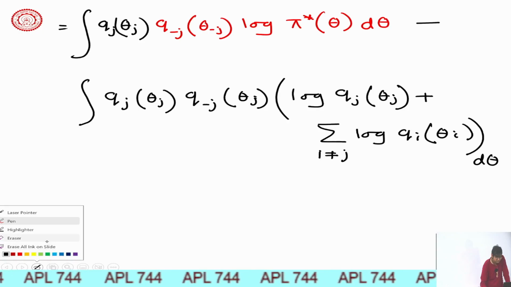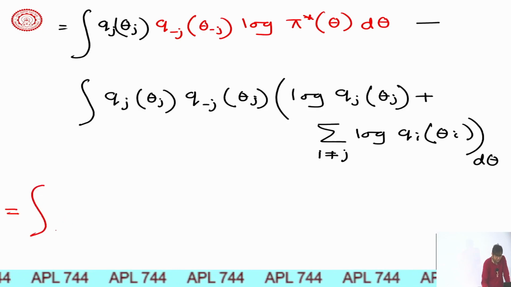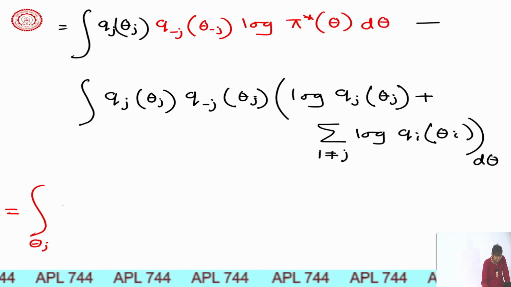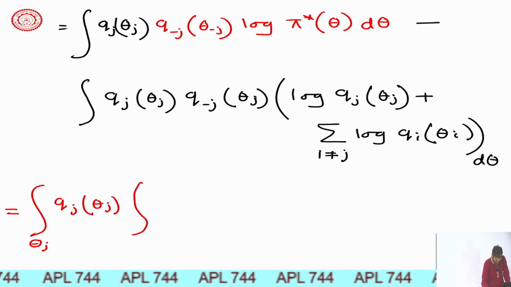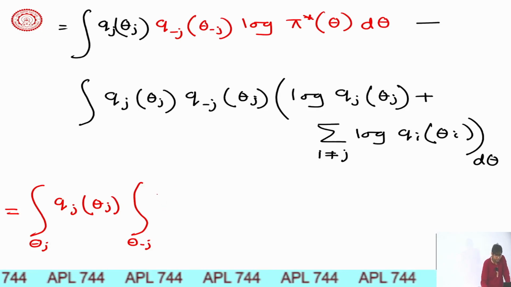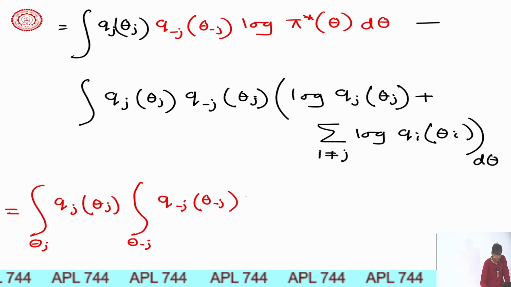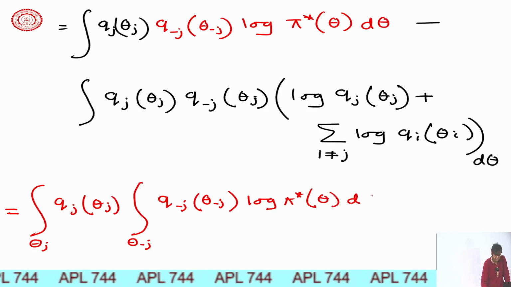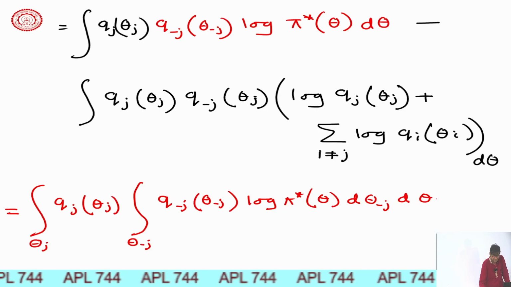So this is equal to the integration over theta j, qj theta j, then the integration over theta minus j of q of minus j theta of minus j log of pi star theta, d theta minus j, and then d theta j.